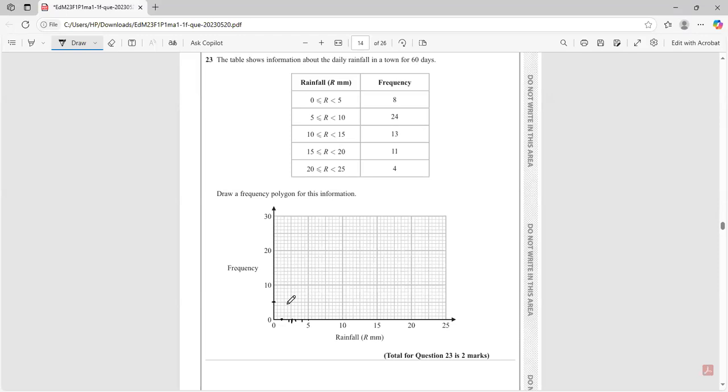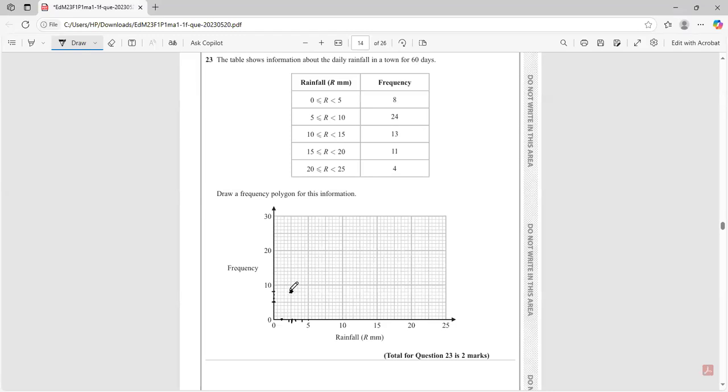So where will 8 be? 5, 6, 7, and 8. Okay, so this is 8. So I'm going to trace this point to here.